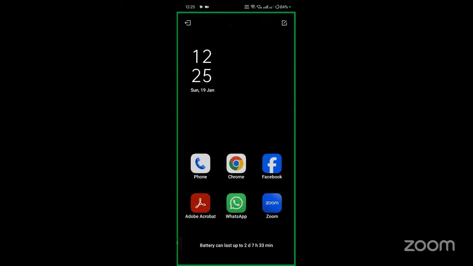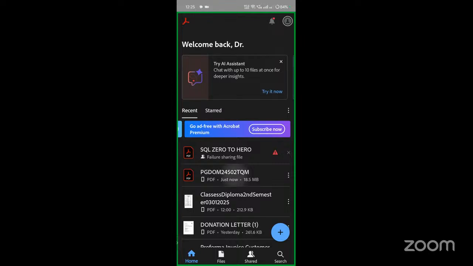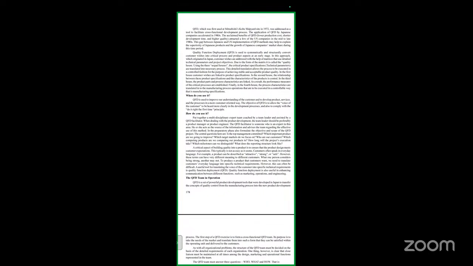Sir, why are most of the companies using substandard quality materials, meaning cheap materials? You buy a mobile phone for around 10,000, but it is made for around 3,000 rupees, and they are selling it at 10,000. Why is it like this?